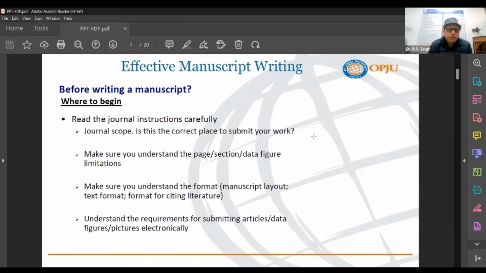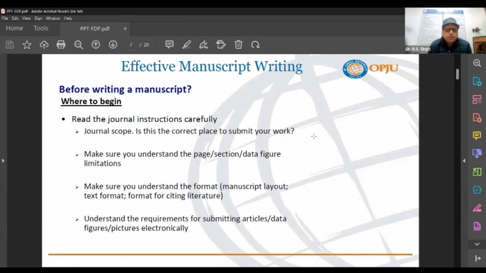Make sure you understand what kind of format they want. They also mention whether you need to write the manuscript in Times New Roman with 12 font and so on. And the text layout, they also sometimes mention there. So you need to follow the instructions, and accordingly you have to frame your manuscript.